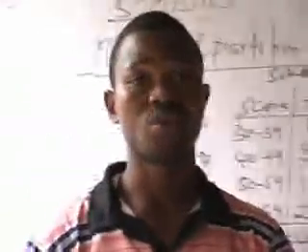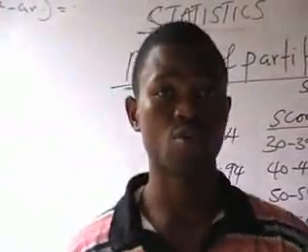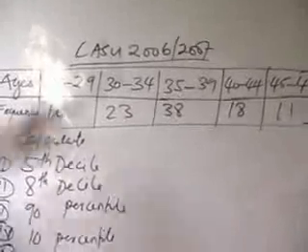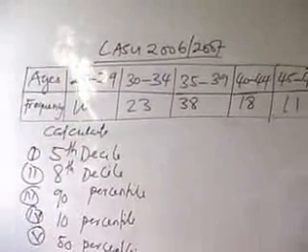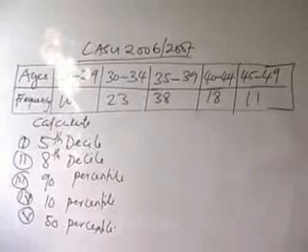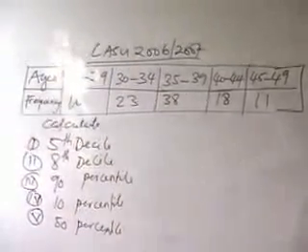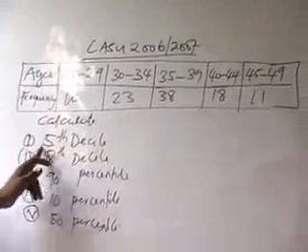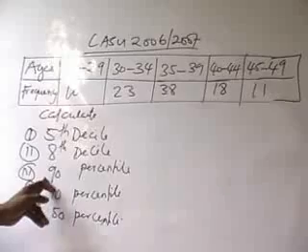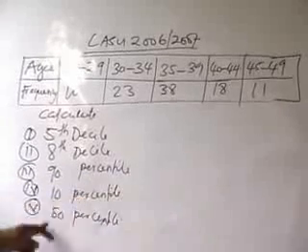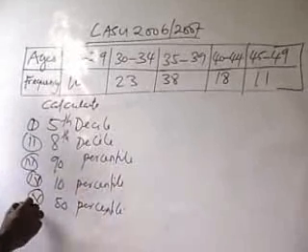So let's quickly look at decile and percentile, before we round it up and go to another topic. Let's look at the last illustration under measure of partition. This question comes from LASU 2006 to 2007. We are asked to calculate the 5th decile, 8th decile, 90th percentile, 10th percentile and 50th percentile.